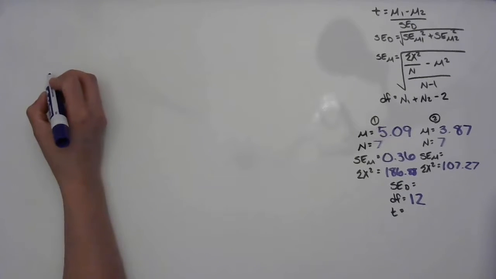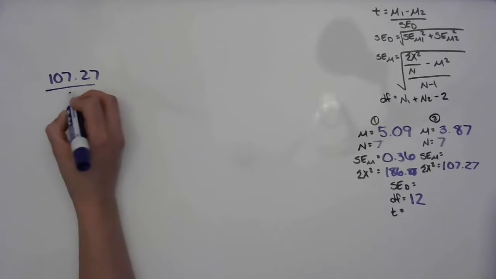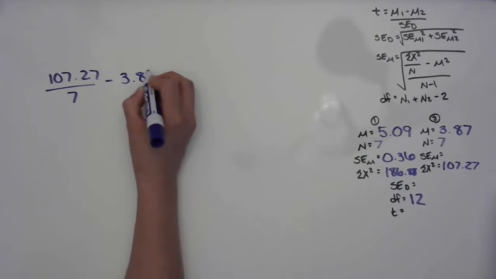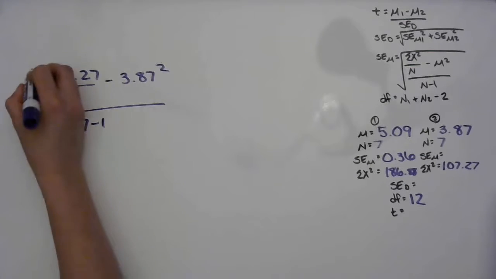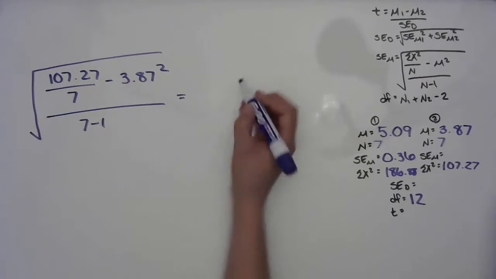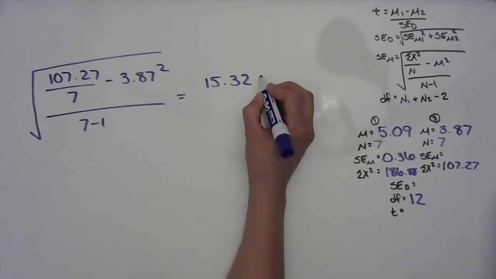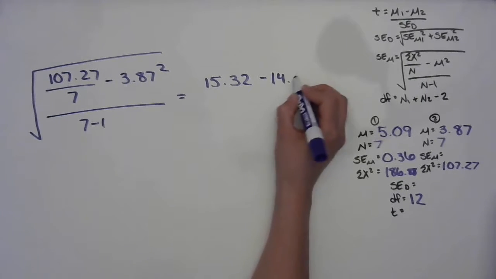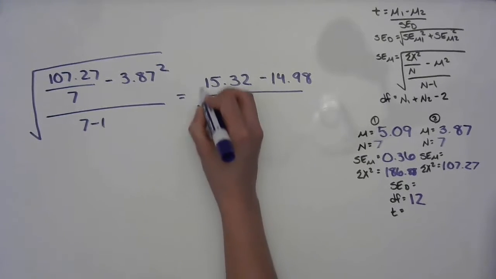Okay, so now we're going to do the exact same thing for Group 2. Our sum of squares is 107.27 over N value of 7, minus the mean of 3.87 squared, over N value of 7 minus 1. So 107.27 divided by 7 is 15.32, minus 3.87 squared, which is 14.98. 7 minus 1 is 6.